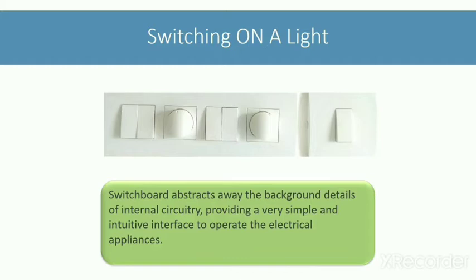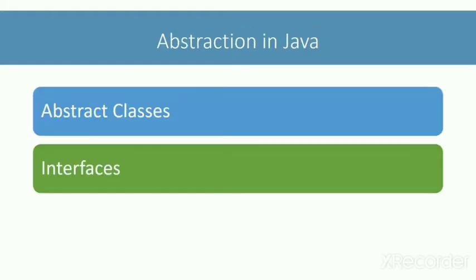All these details are hidden away from the driver and he is presented with two very simple interfaces, accelerator and brakes, to speed up and slow down the car. Such hiding of background details through abstraction is making our day-to-day lives simpler. Java supports data abstraction through abstract classes and interfaces. We will look into this a little bit later in this course.